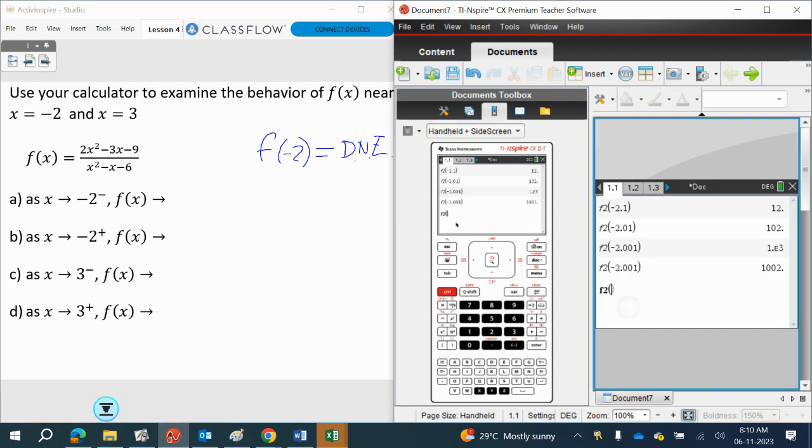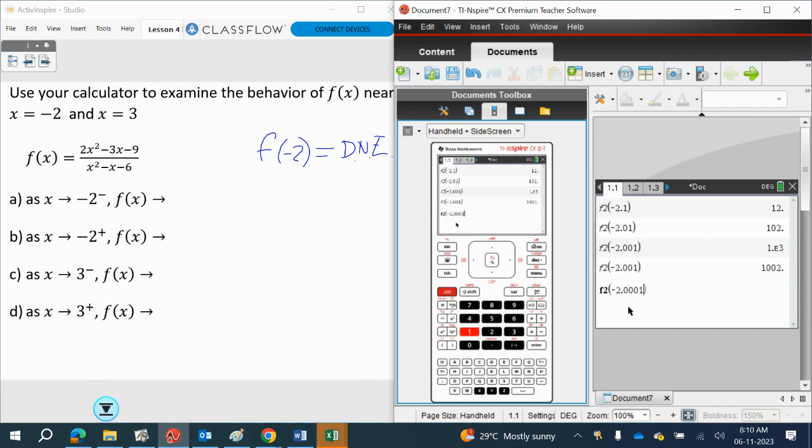If I want to go one step closer, I will go to -2.0001. Where are these values heading? To positive infinity.